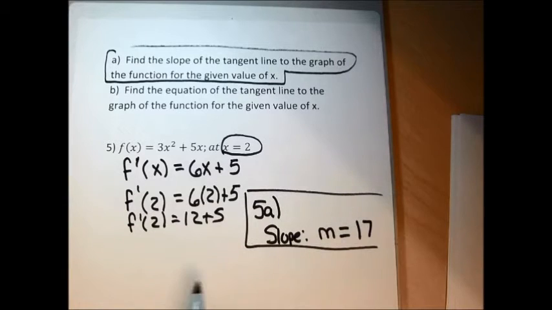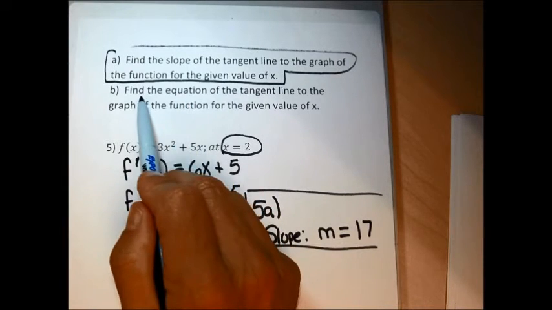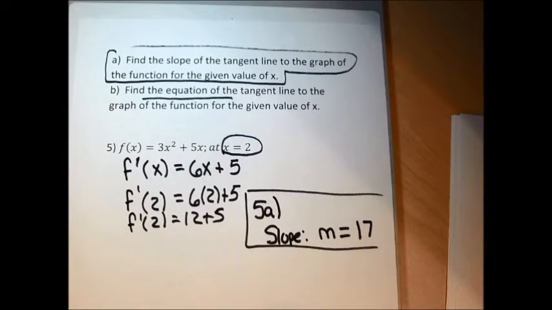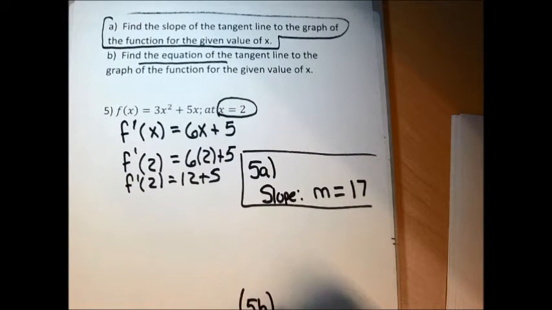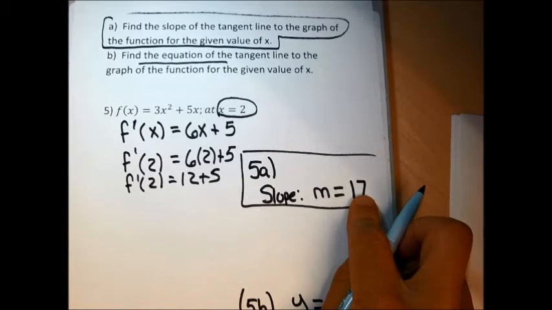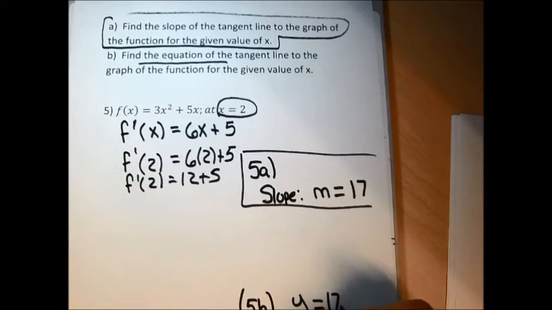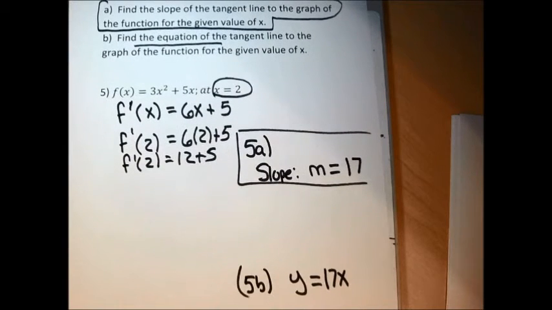So that's part A. Part B, it wants to find an equation of a tangent line. So ultimately, when I answer part 5b, my answer is going to be y equals mx plus b, and the m is 17, so it's going to be y equals 17x plus or minus some number.